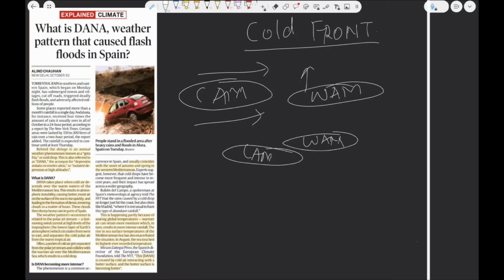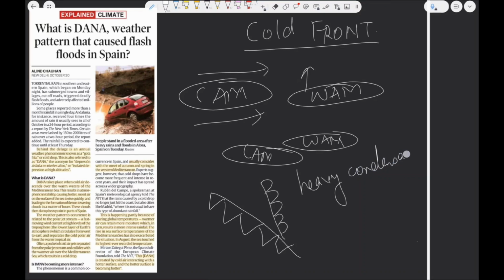The warm air mass doesn't want to move upward, but due to the cold air mass, there is upward movement, and heavy condensation takes place.